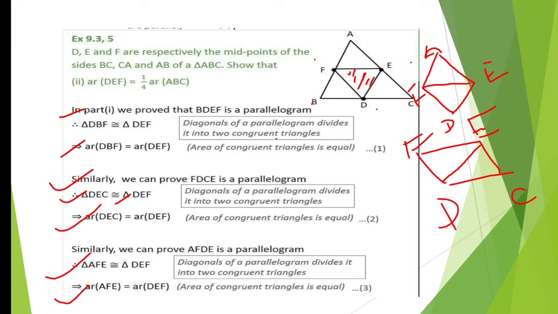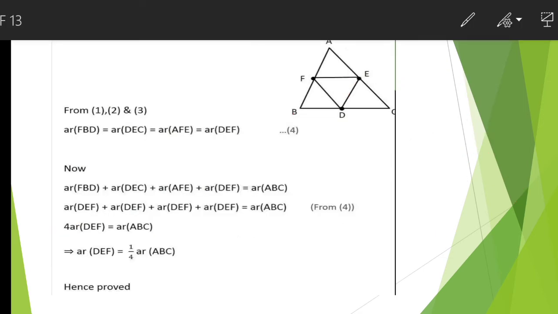So from these three equations 1, 2 and 3, we can conclude that area FBD, that is this area 1, DEC, that is this area 2, AFE, that is this area 3, and DFE, all these four triangles have equal areas.